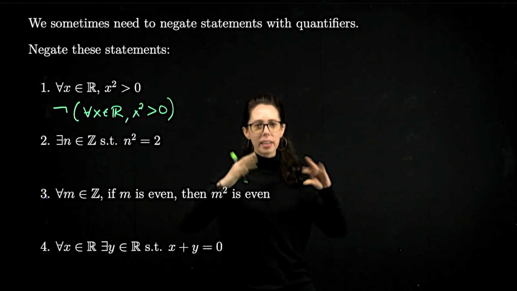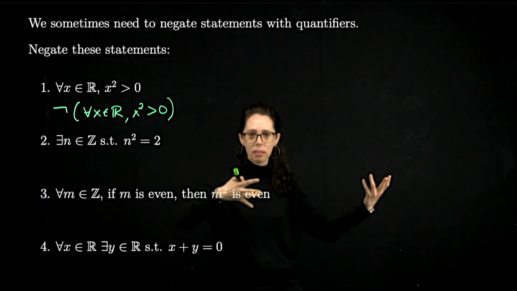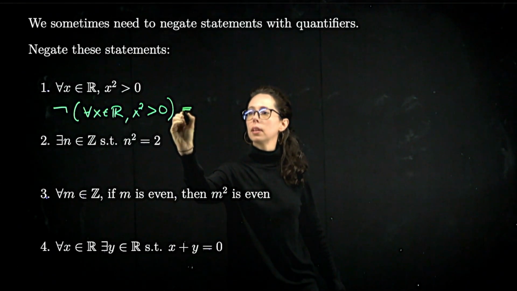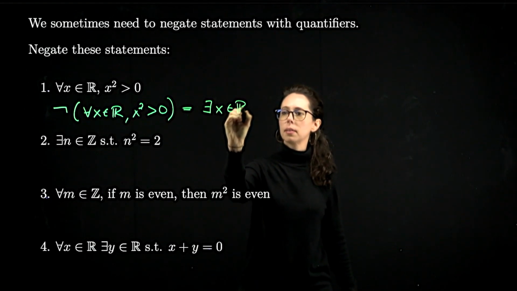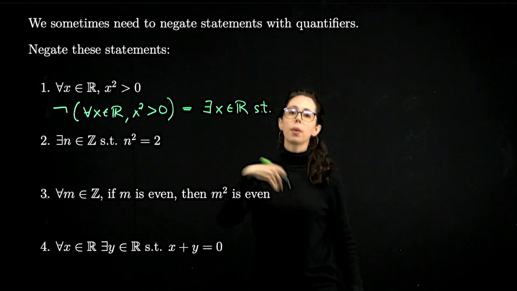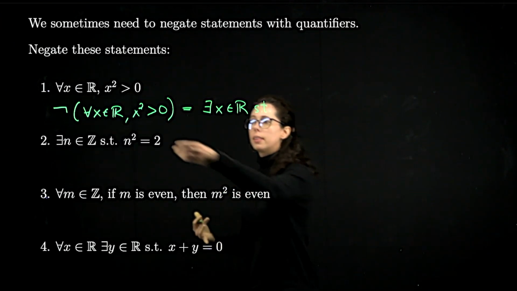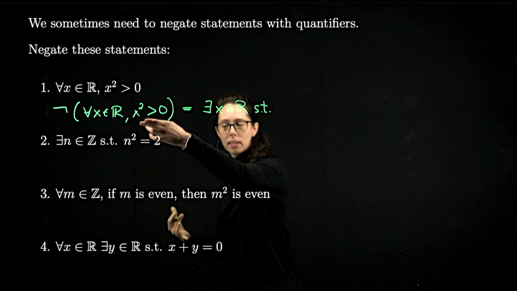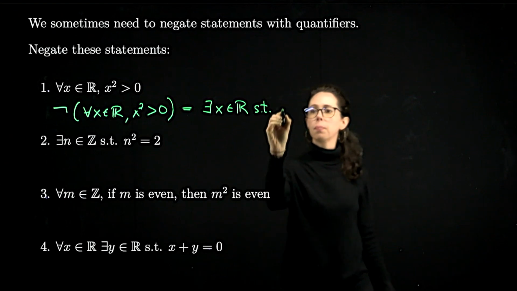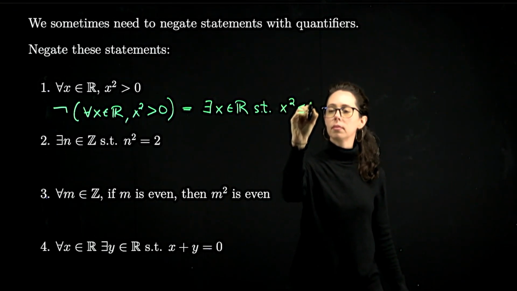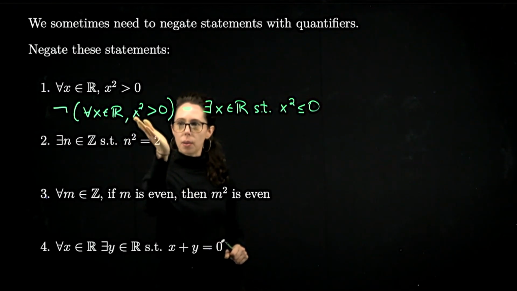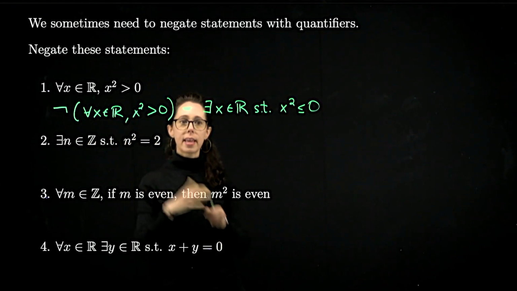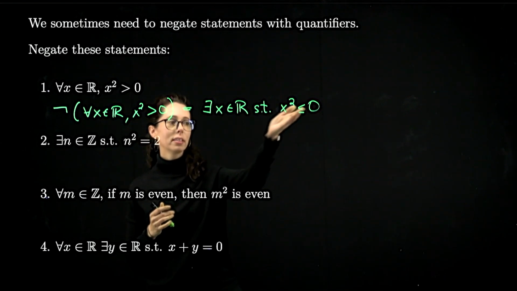So that's the negation of the idea for all: there exists an x in the set of real numbers such that the property isn't true. This property negated is x squared is less than or equal to 0. So for all x a property, to negate that is to say there exists an x such that not the property.